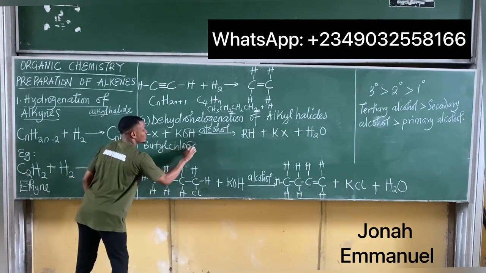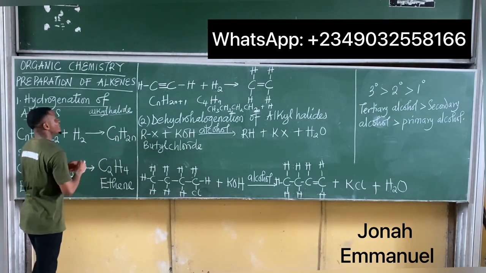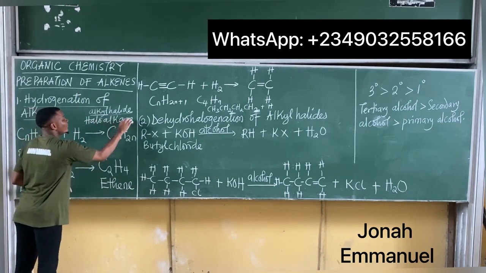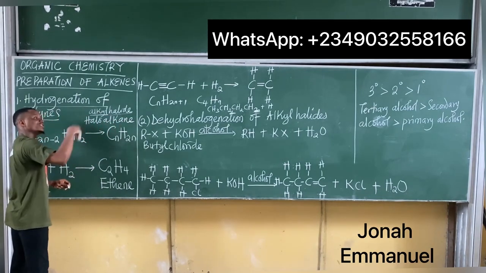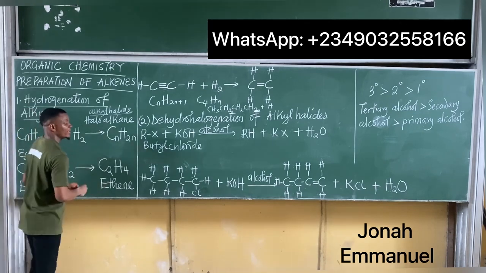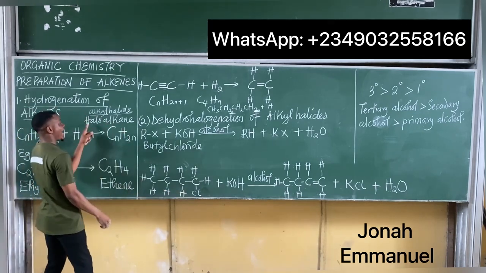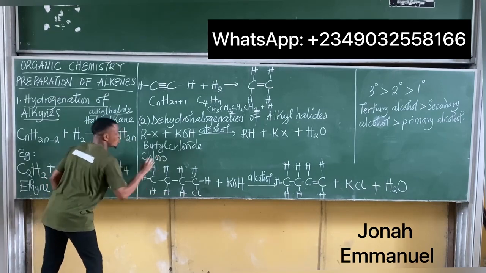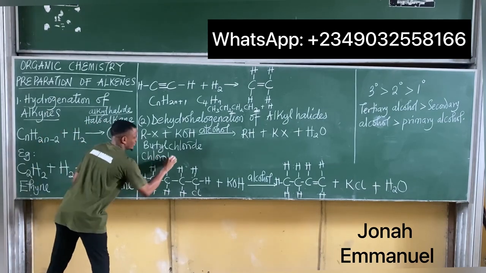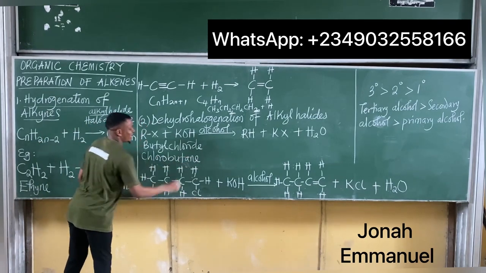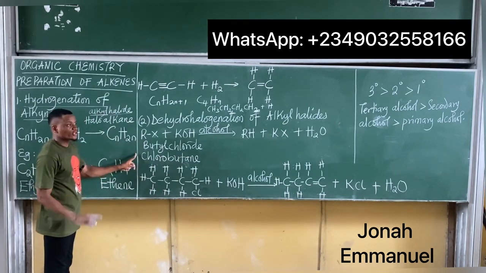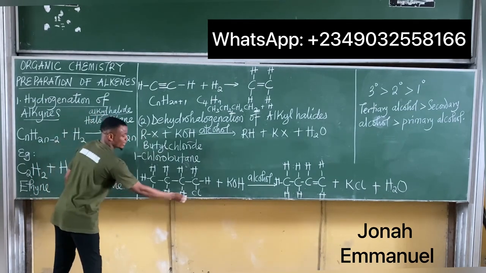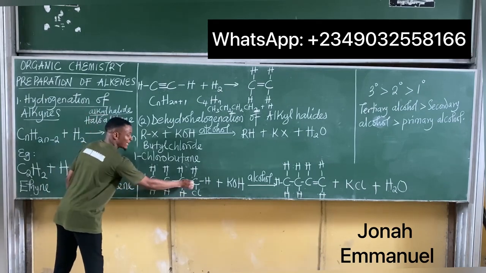So I have this. Or call it a haloalkane. When I say haloalkane, I'm calling the halogen first before the alkane. If I call the halogen first, halo, chloro, it becomes chloro, butane. That's the name. Or better still, 1-chlorobutane. By adding 1, I am showing that the chlorine is attached to carbon 1.